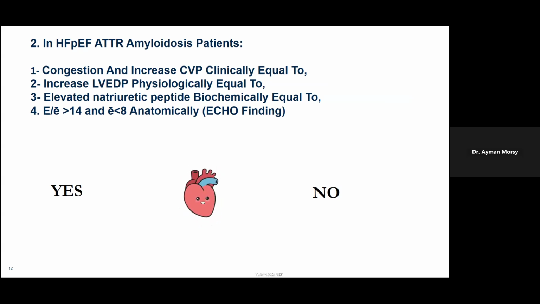Clinically, congestion and increased CVP. Physiologically, most of these patients have increased LVEDP, and biochemically there is some leak, like elevated natriuretic peptide. And if you do an echo, meaning anatomically, most of these patients have advanced diastology, E to E prime more than 14 and E prime less than 8.